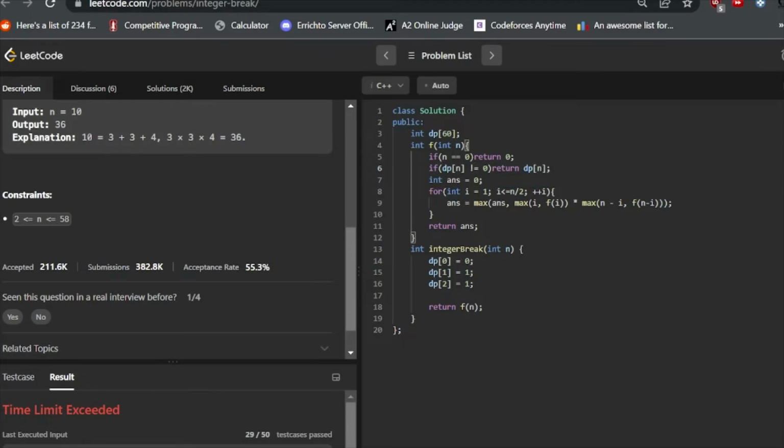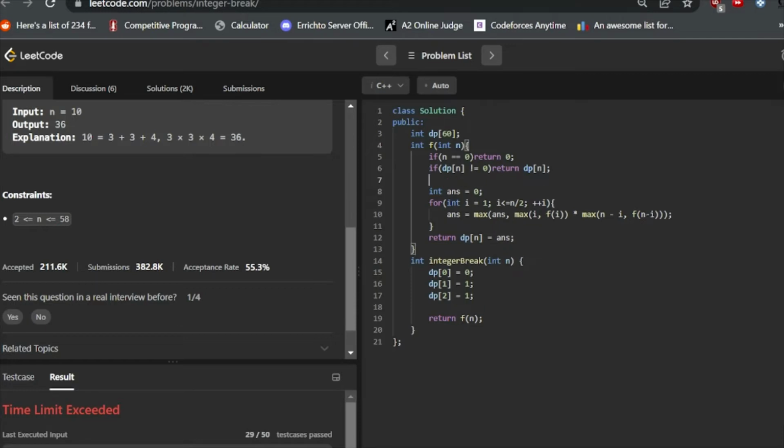Else what you do is you do this, and you say return dp of n equals answer. So basically this is assignment and then return. Okay, so I think this does make sense, and just to make sure that the values are 0, I'll use memset to fill the values of dp.